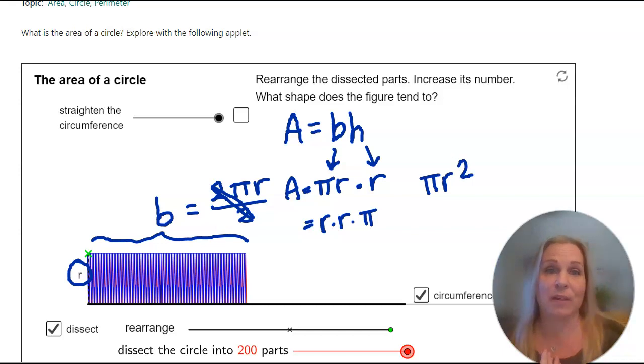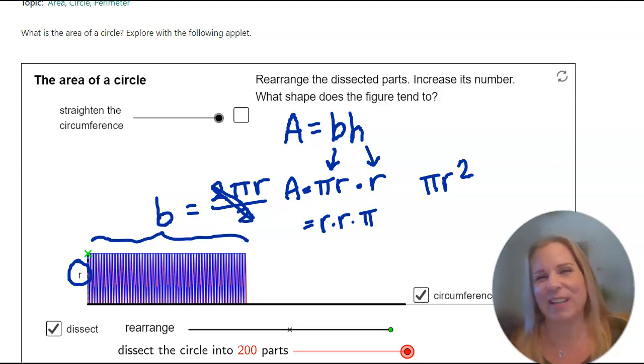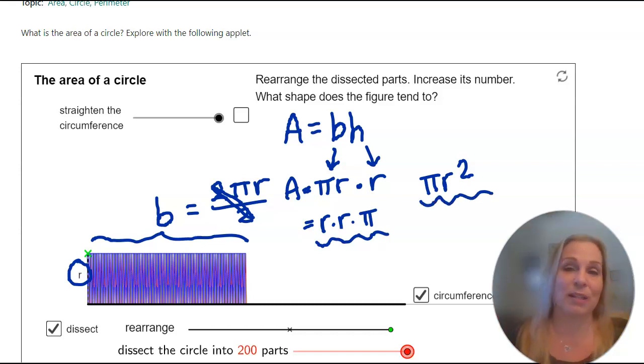I've just found that through years of doing these problems with my students, they make fewer mistakes, or you could make fewer mistakes by doing r pi, because sometimes you forget that r squared is r times r and not r times 2. It's an easy mistake. It happens all the time just by going through something kind of quickly. So I will write the formula like this, but just know that it's the same thing as when you see it written like this. All right, so let's do some problems.